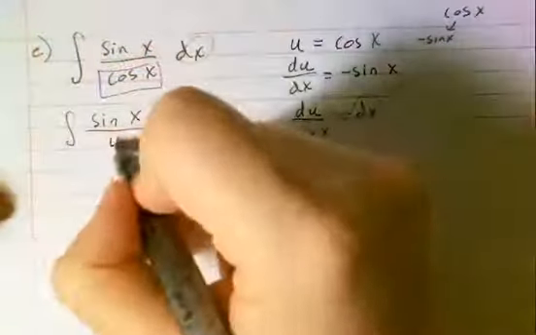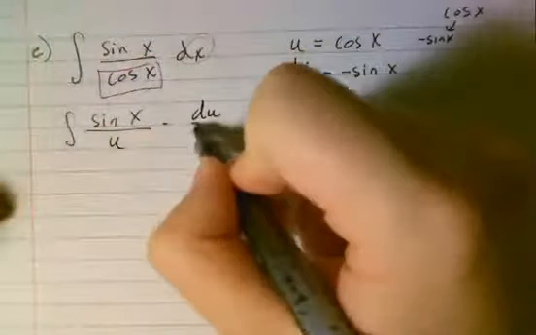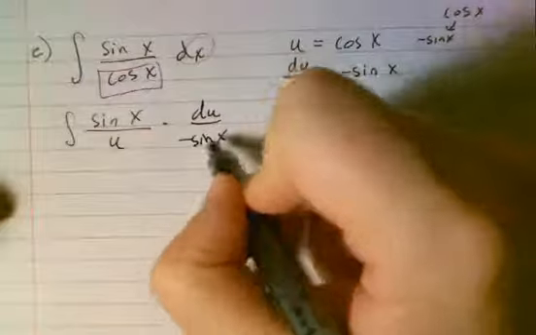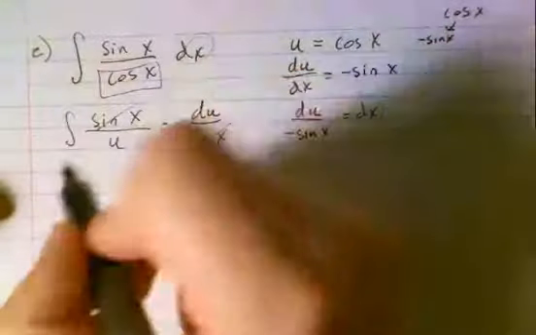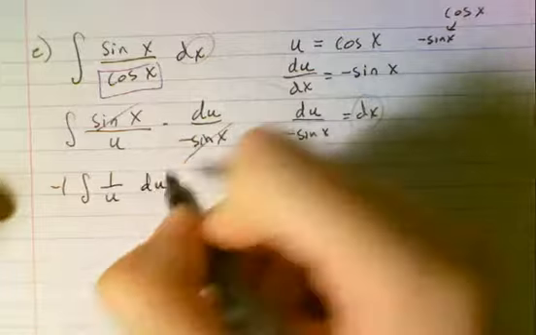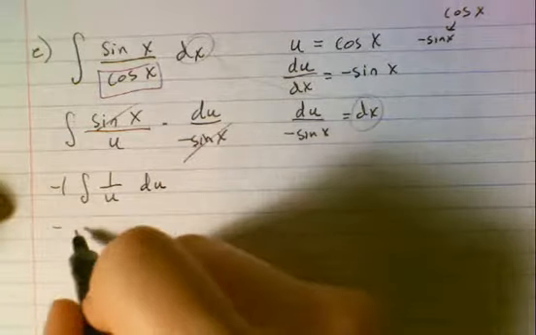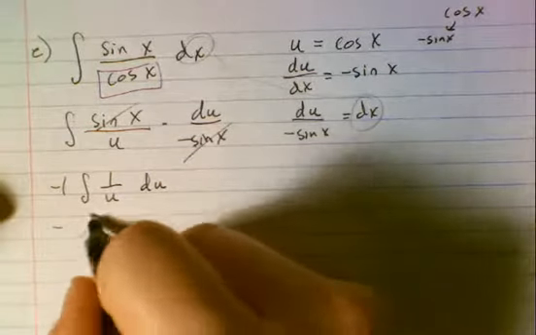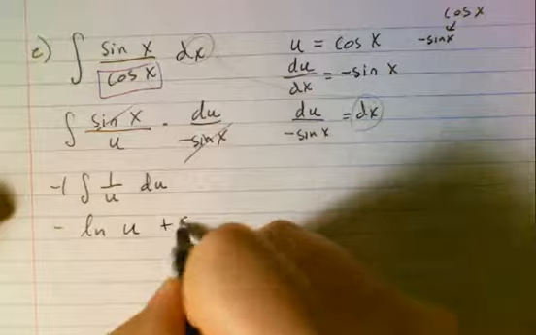Cosine of x was our u. And now we've got du over negative sine of x. Those cancel out. We've got negative 1 times the antiderivative of 1 over u du. That's natural log, so we have negative 1 times the natural log of u plus c.